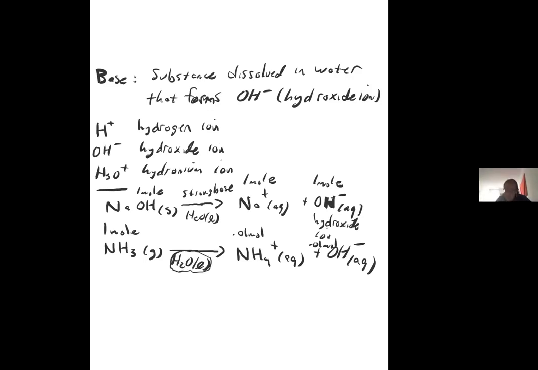So this weak base is kind of like the Bronsted-Lowry theory, which is this idea that an H plus ion is being transferred. So really what happens with the weak bases is they react with the water. So what happens is the H plus is transferred to the ammonia.